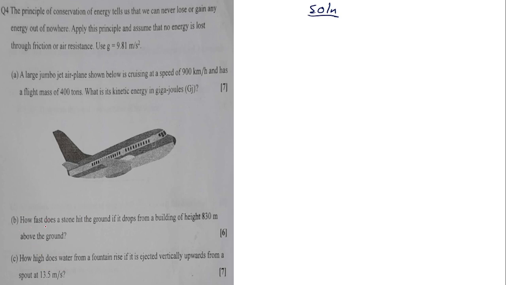So how fast does a stone hit the ground if it drops from a building of height 830 meters above the ground? So guys, this is coming from the Newton laws. Very easy question. I wonder why it was even 6 marks. So here you're going to collect the data.